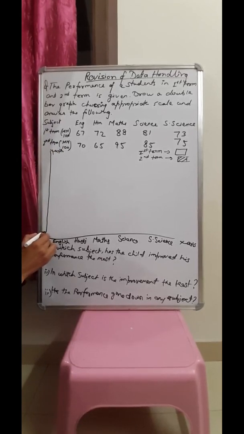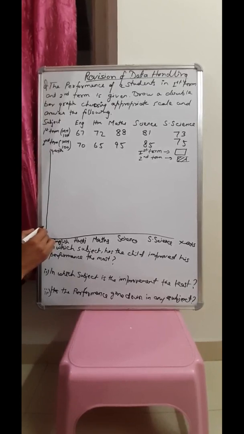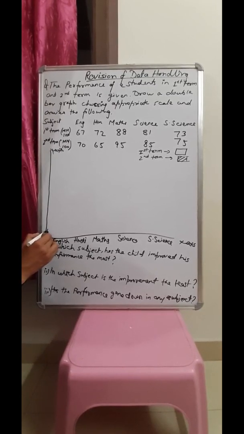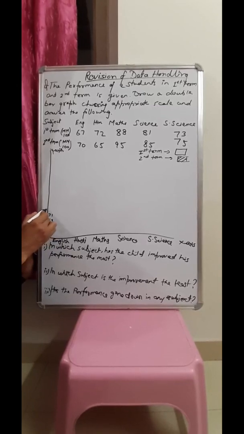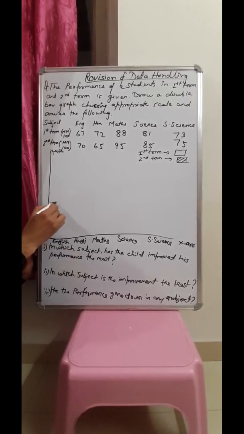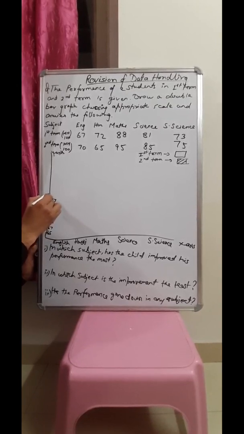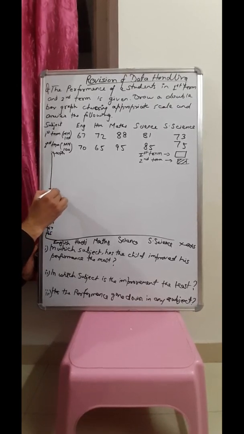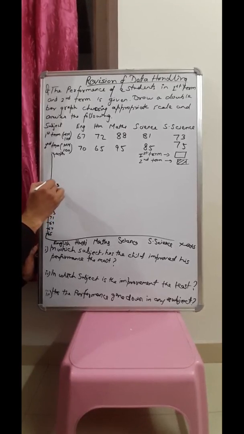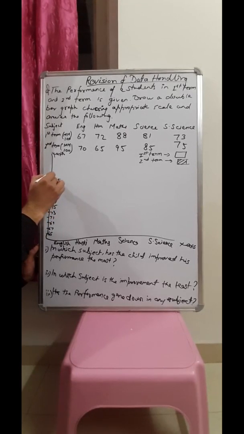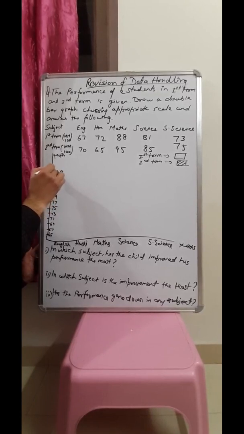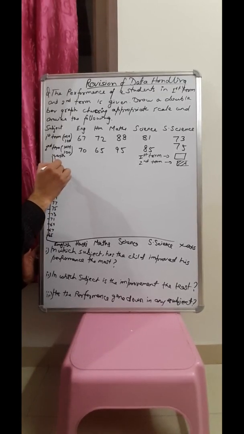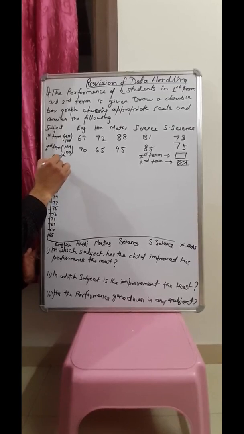So here first I am going to take 65, then 67, then 69, 71, 73, 75, 77, 79, 81, 83, 85, 87, 89, 91, 93 and 95.